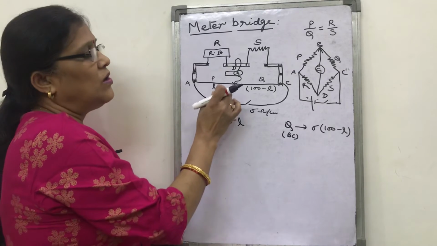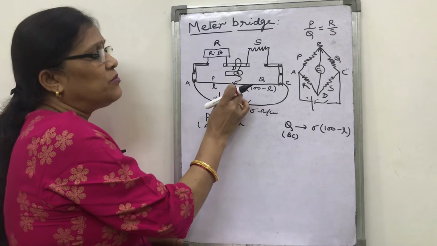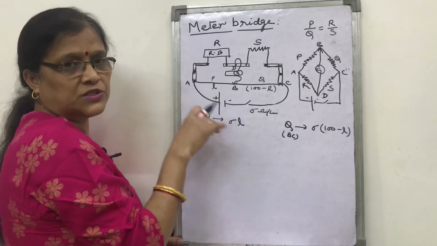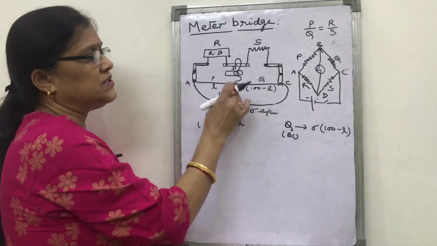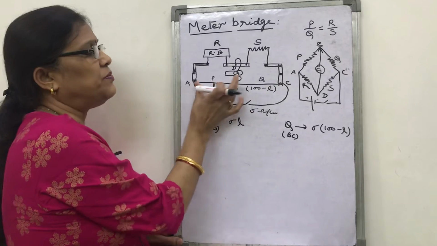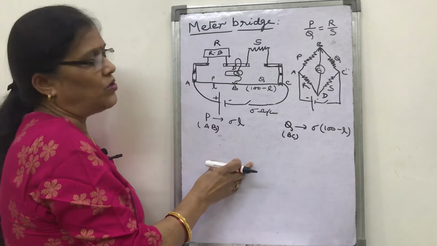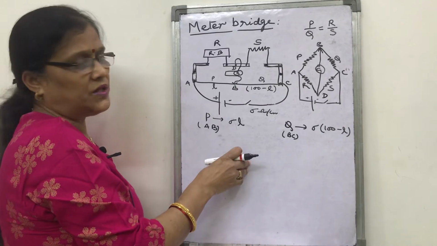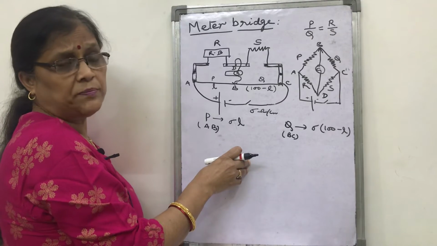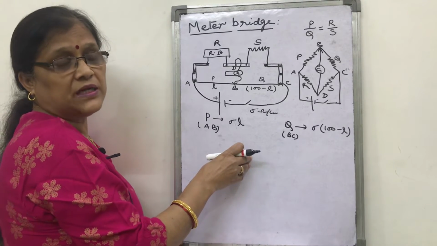That is, getting the null point at the center ensures that all 4 resistances, this R, S and this P and Q, are of the same order. That is, the bridge is said to be most sensitive. Also, the percentage error is minimized.